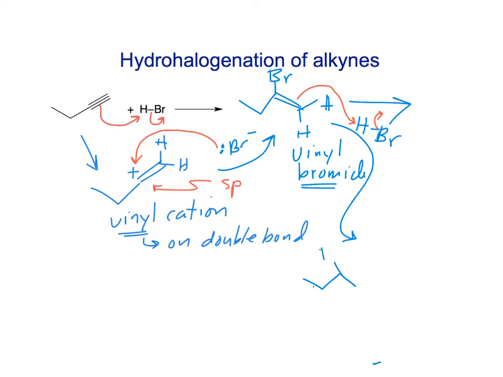Either the new H can go to the same carbon as the bromine to give us a carbocation like this, or the H can go to this end to give us this carbocation. To predict the relative stabilities here, we could go straight off of stabilities of carbocations. This is a primary carbocation. We know it's going to be very unstable.